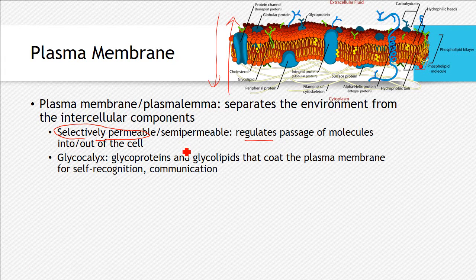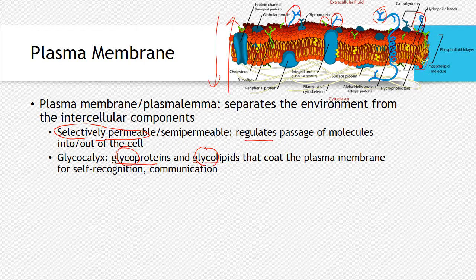It also contains something called a glycocalyx, and you see these sugar molecules right here. And these sugar molecules help the cell to identify itself. It's made up of both glycoproteins and glycolipids. The glyco portions are these sugar parts of the proteins or sugar parts of the lipids that will help the cell to recognize, oh, this cell is mine, so let's not attack it.